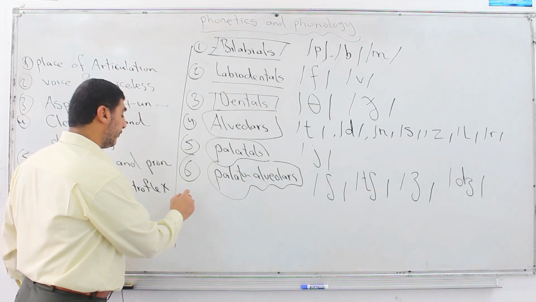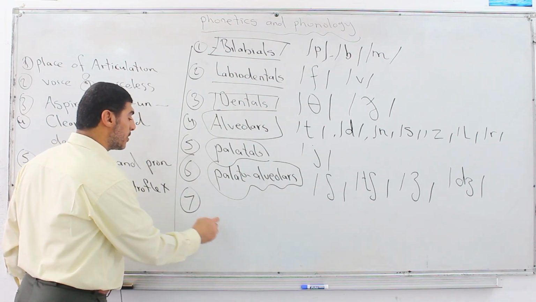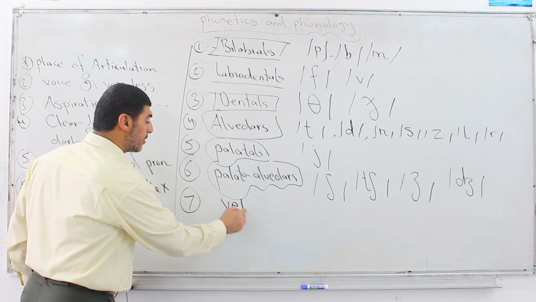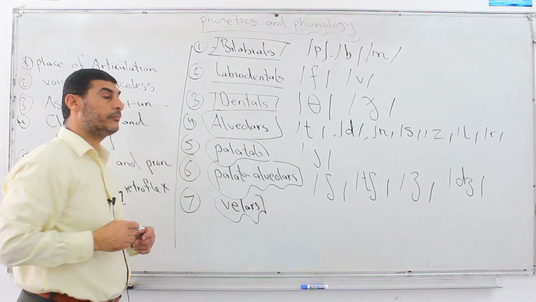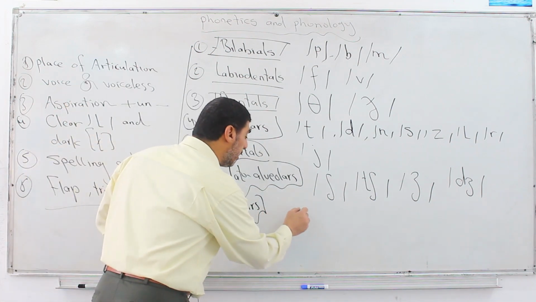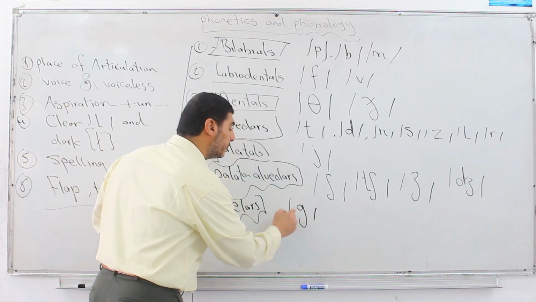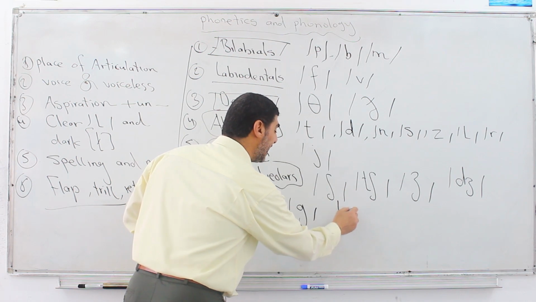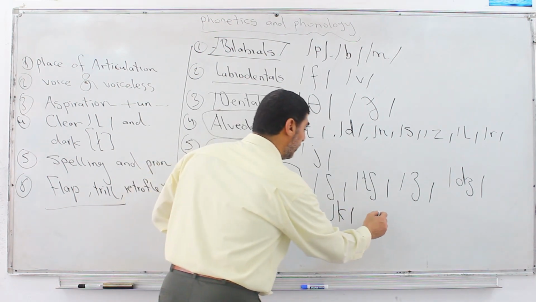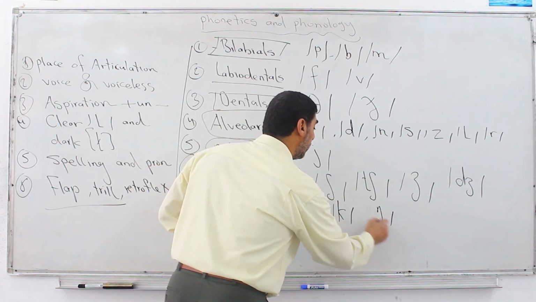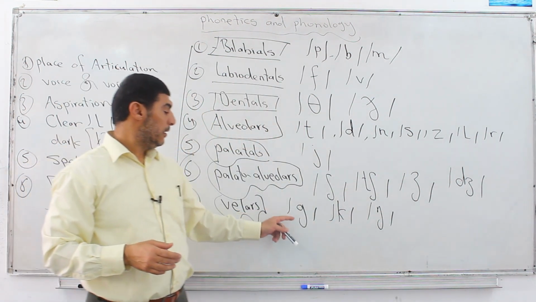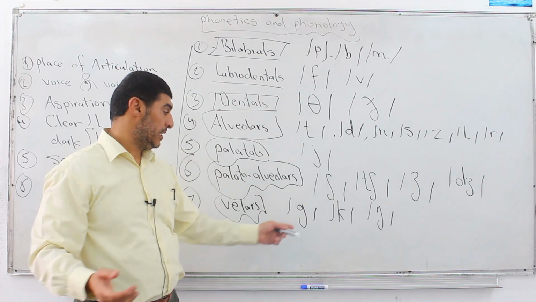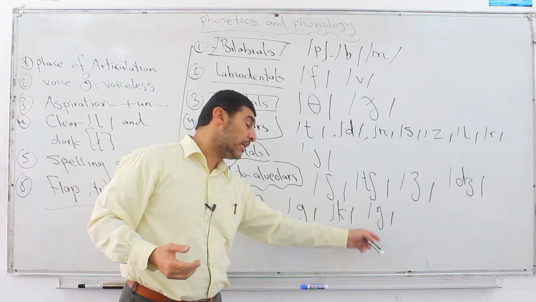Then we have velar sounds. Velars. Okay. Try to say ga and ka, and ng. This is a stop sound, and this is another stop sound. This is nasal.